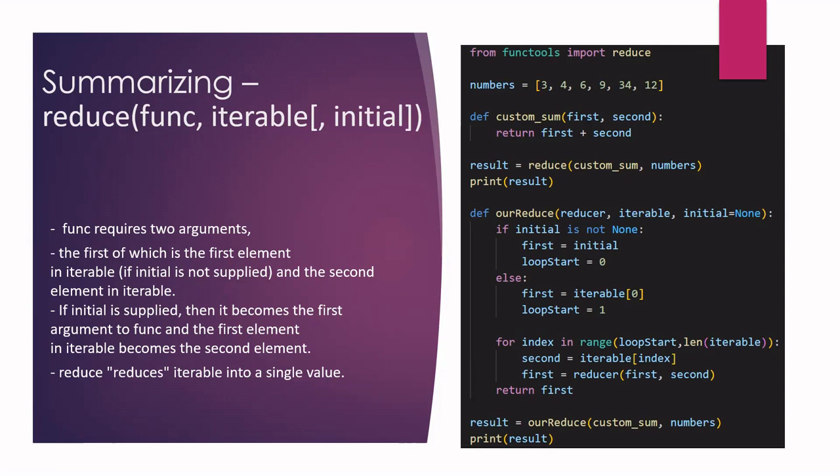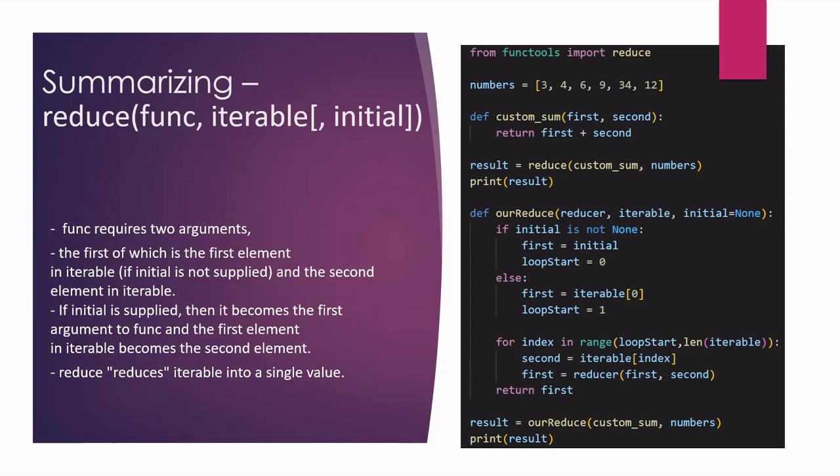All right, so if I'm going to draw it in a different way, this is our list, and optionally we start with an initial value outside of the list. So let's say we start with that option. So the reduce function applies 2 by 2.